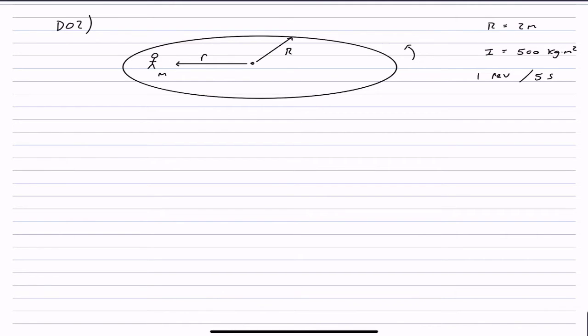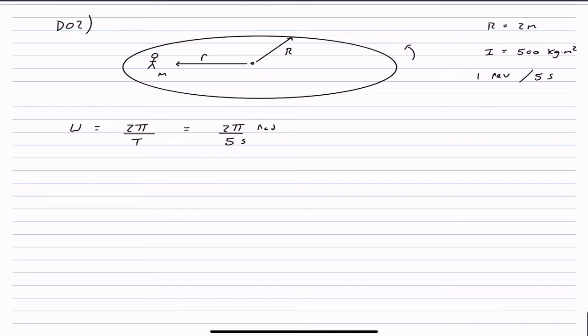Let's recall that a rotational speed is 1 revolution, 2 pi radians, over some period of time. We're told in this case that period of time is 5 seconds.